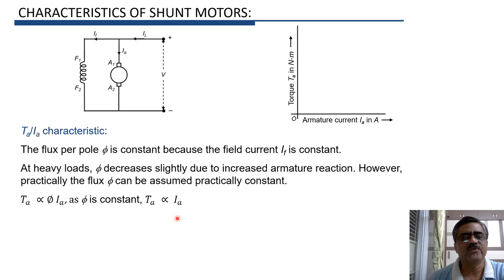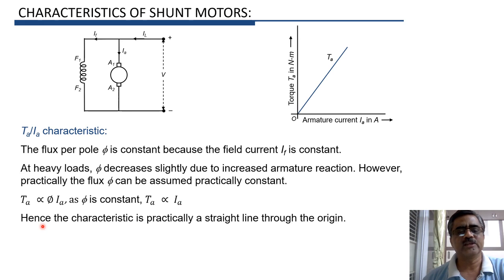So in case of DC shunt motors, armature torque TA is proportional to armature current Ia. So if you plot the characteristic between TA and Ia, then it will be a straight line passing through origin.